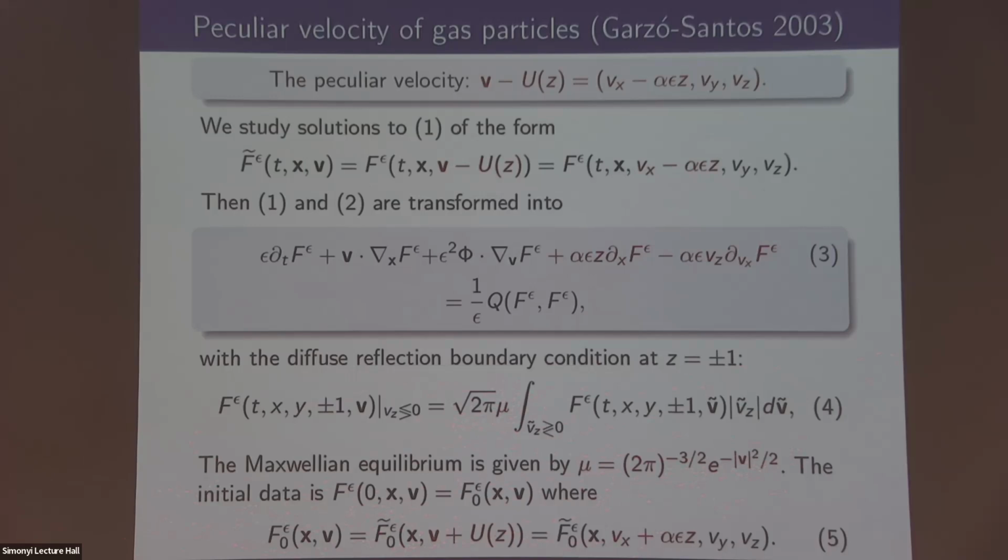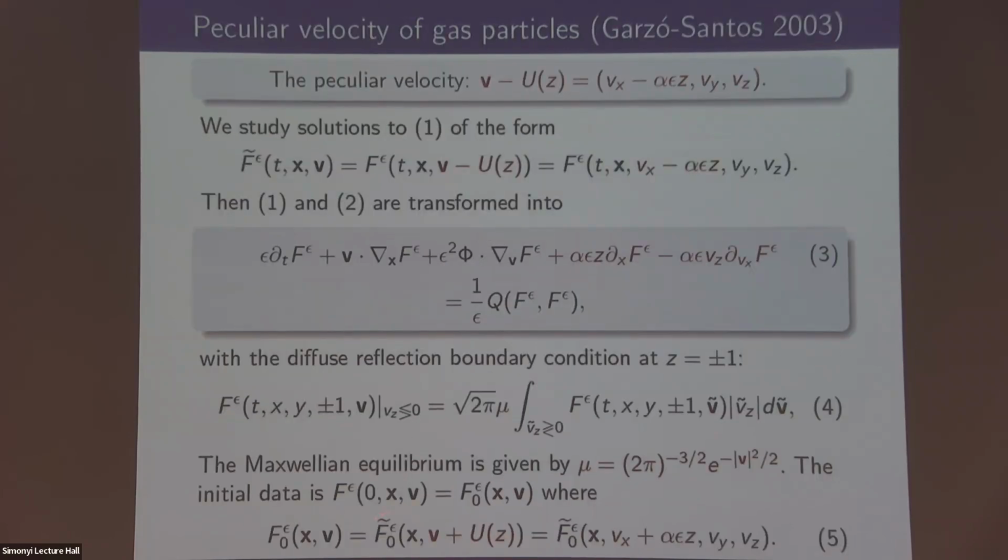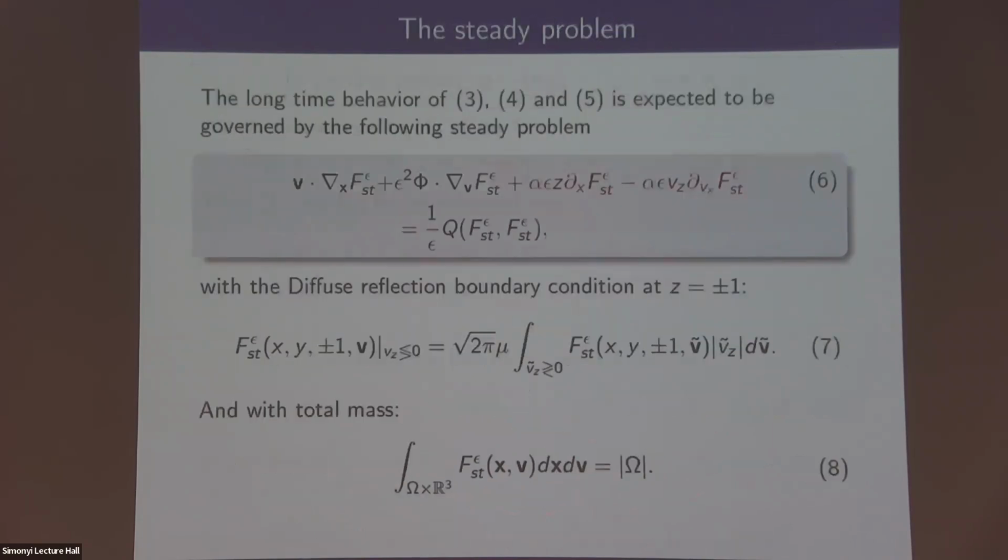So this is the system that we're looking at, and it has a steady problem. For the regular Boltzmann equation, the steady states are these mu's, these Maxwellians in red down here. But for this Boltzmann equation evaluated along a peculiar velocity, this is the steady problem, and it doesn't have an easily solvable formula for its solution that I know of.